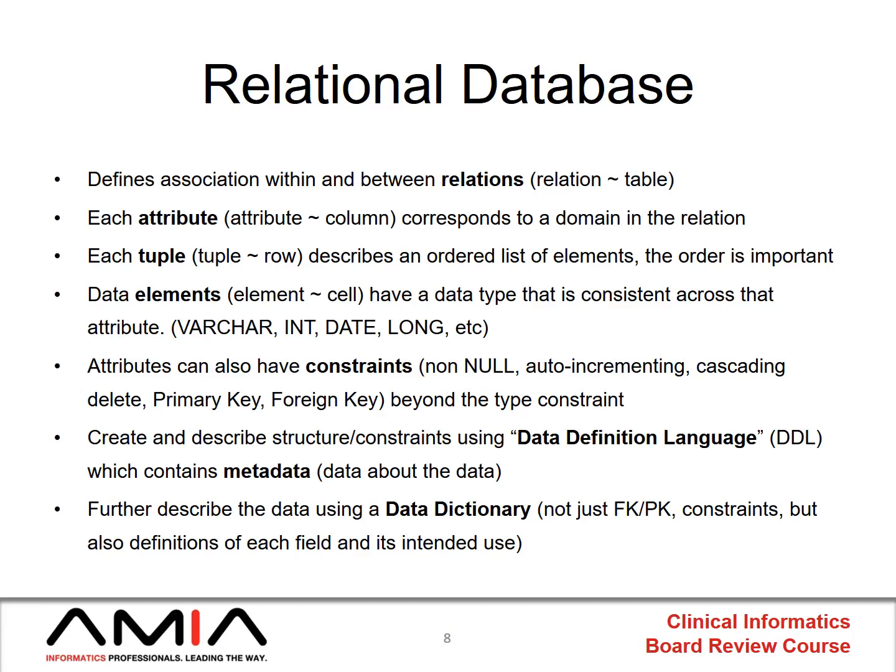So the actual real-life meaning of a specific attribute is specified in something called the data dictionary. This has not just the foreign key and primary key constraints, but also the definitions of each field and its intended use. So if you had, for example, a table with a whole bunch of clinical quality measures, the DDL would describe the structure of the table. The data dictionary would actually define those clinical quality measures and what they represent in real life.